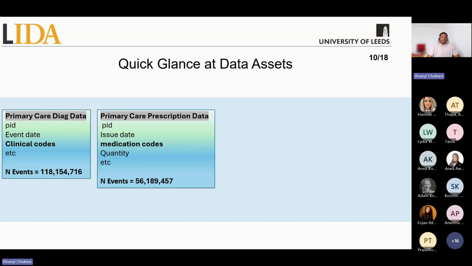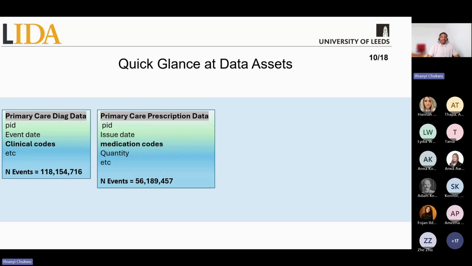So we also have the prescription data in the primary care as well. And this prescription data, again, has all these attributes listed there, including the medication code and the quantity.